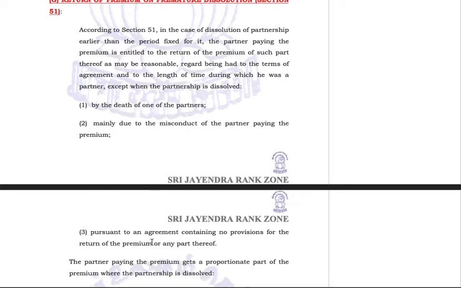So in these cases, if a partner has paid a premium and the other partner has died, or the dissolution is due to the misconduct of the partner who has paid the premium, or when there is no provision in the agreement for return of the premium, in these three situations you will pay him reasonably higher than others.